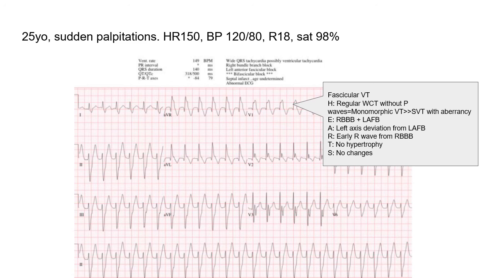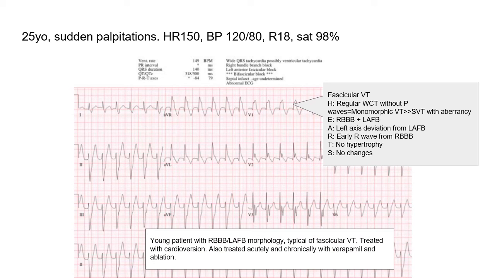I'm not sure exactly why, actually, that's the thought, but I would suspect in a 25-year-old that it would be more likely to be SVT with a bundle branch block. But, yeah, okay, so that's what it is. So this type of Vtac is treated with cardioversion, and then you can also do catheter ablation.